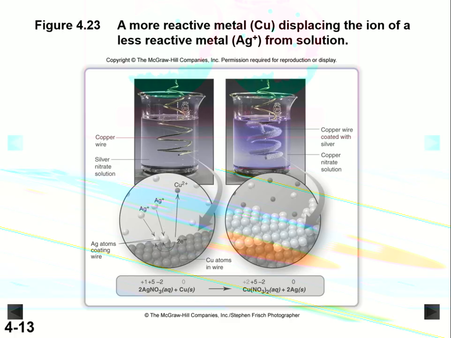Silver nitrate plus copper produces copper nitrate plus silver. Silver went from +1 to 0. Copper goes from 0 to +2. The copper is oxidized. The silver is reduced. You can see the blue color of the copper aquo complex in the right-hand panel.